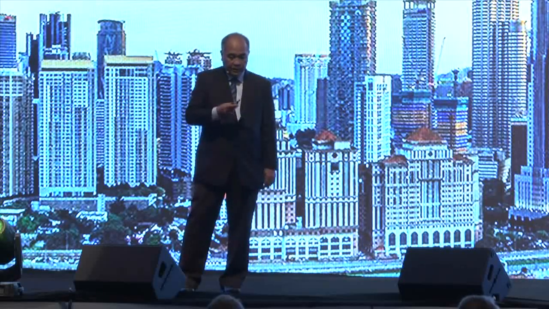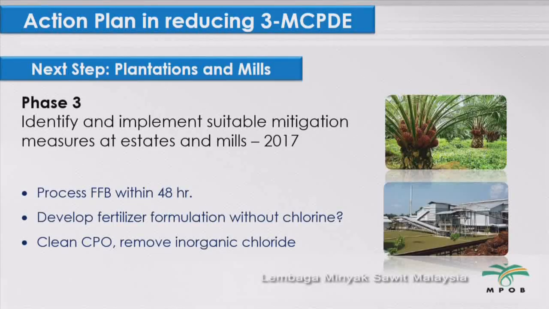Phase 3, as I mentioned, is a long-term effect because plantation research and biological research will take a longer time. Agronomy research and fertilizer research, for example, need at least 2 years to see the effect of fertilizer on plants and on weather.